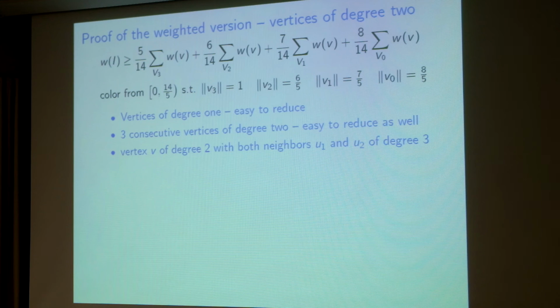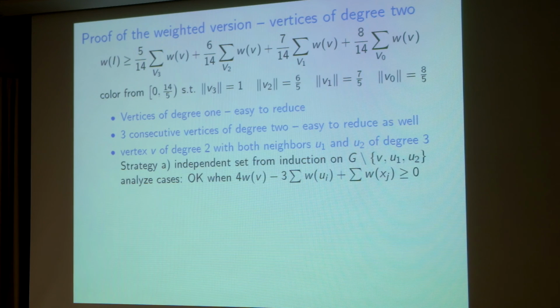So the last case I want to touch is the one when I have one vertex of degree 2 and both of its neighbors have degree 3. So then I don't have a single argument how to deal with that, but I need to do some cases.